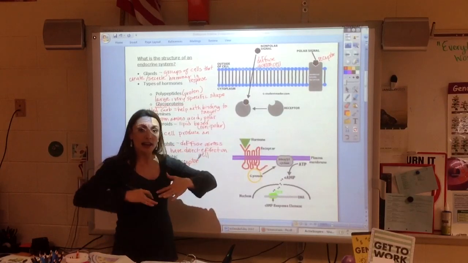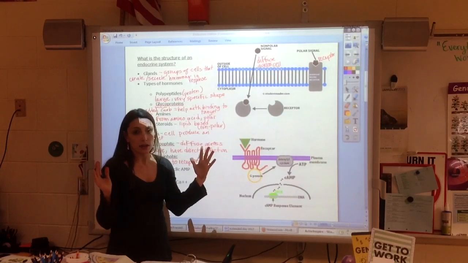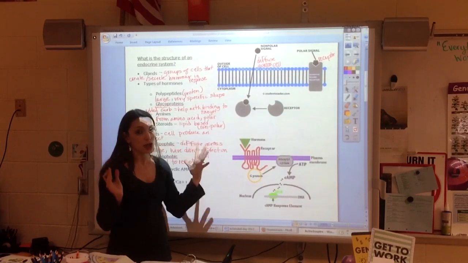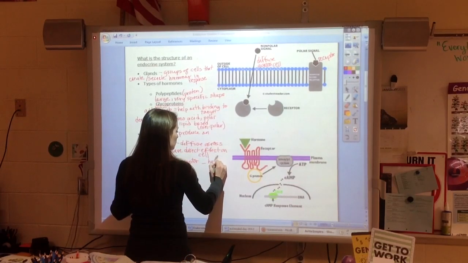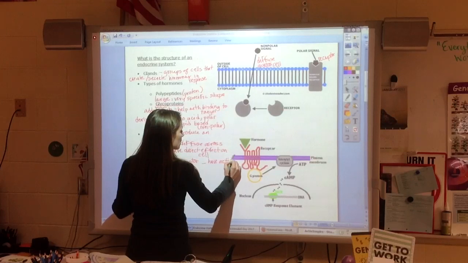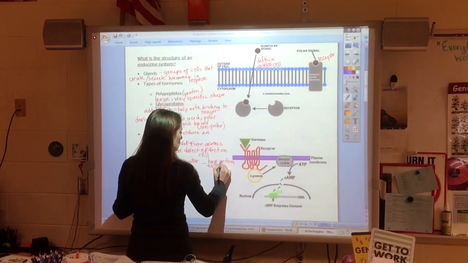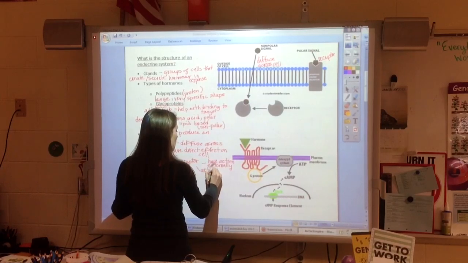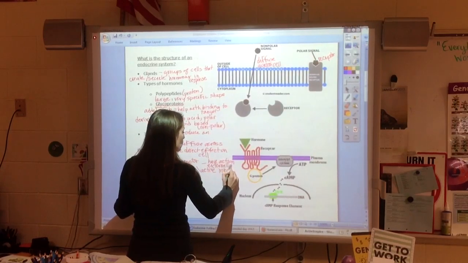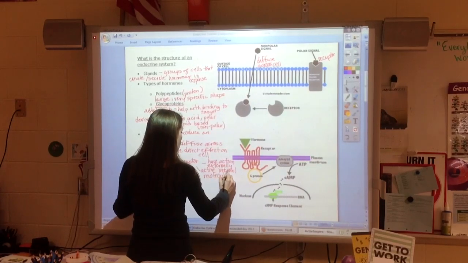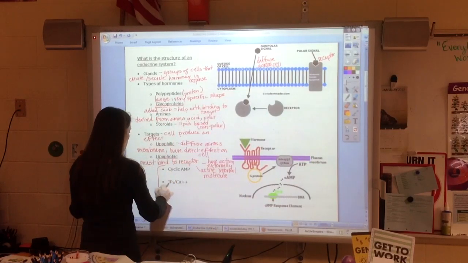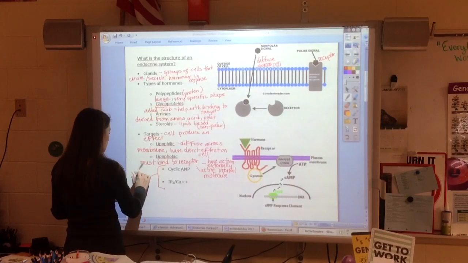We're going to see ligand-gated channels when we look at the nerve cells, where something binds and the channel opens. So they can either have action externally, or they can activate an internal molecule. And the most common internal molecules to see are what are called second messengers.